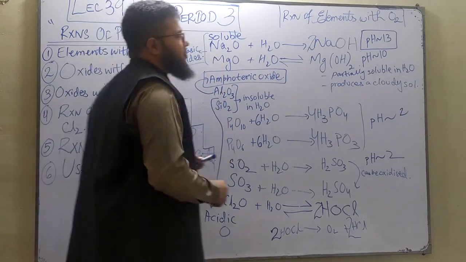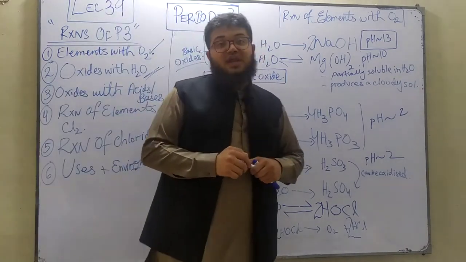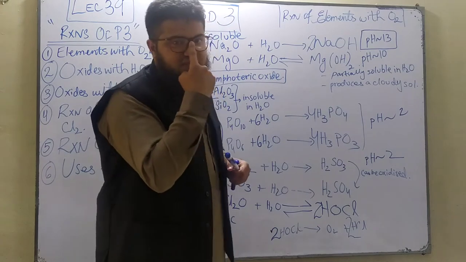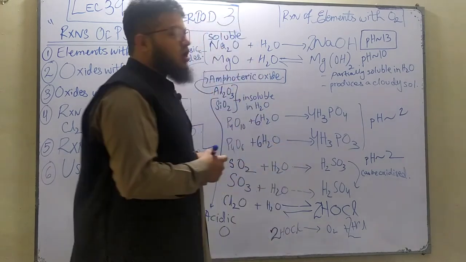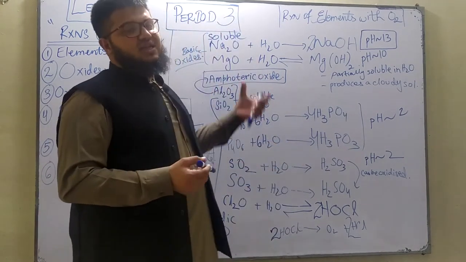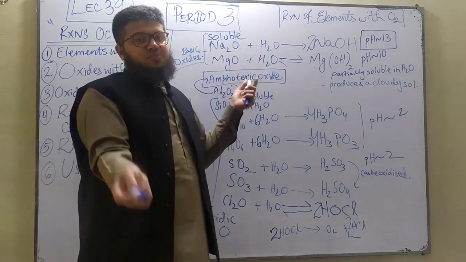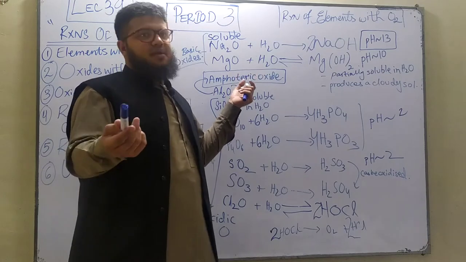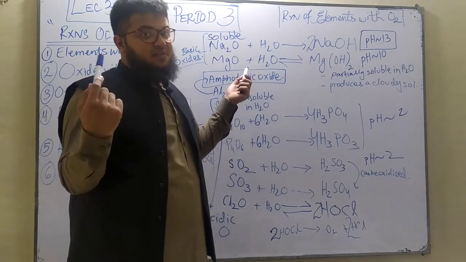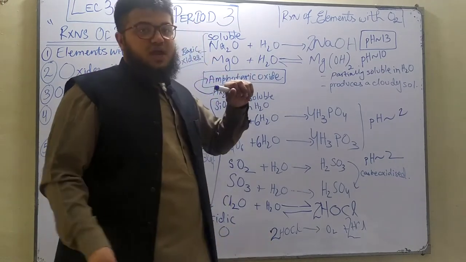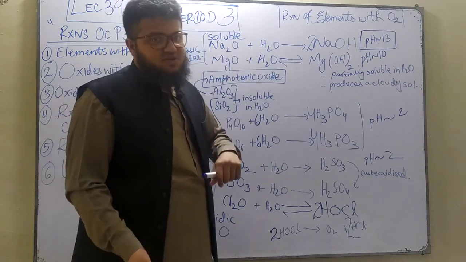Then coming to magnesium oxide. We've talked about magnesium oxide previously slightly, but here we are going to talk about it in a bit more detail. It is a white solid. Remember, when magnesium reacted with oxygen, it produced magnesium oxide, and by heating, a brilliant white flame was produced. Now this magnesium oxide is a solid, and it is not very soluble in cold water.